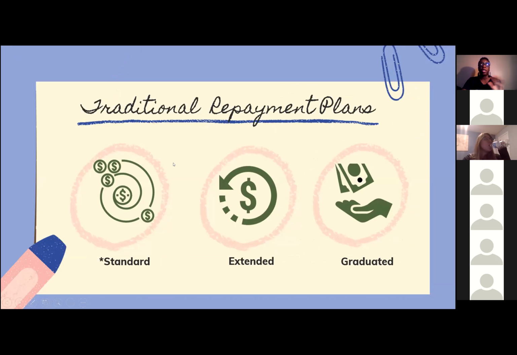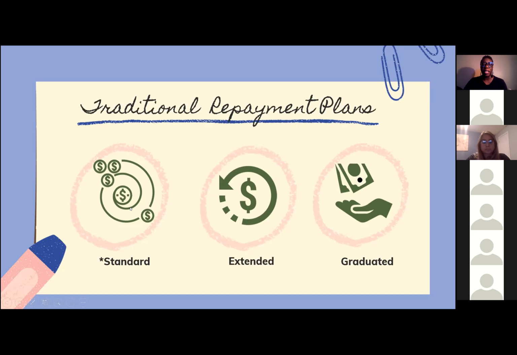Let me backtrack a little bit. So these are the traditional plans that the video spoke about, right? I start with standard because if you do not select a repayment plan once you go into repayment, standard will be the plan that you are automatically enrolled in.